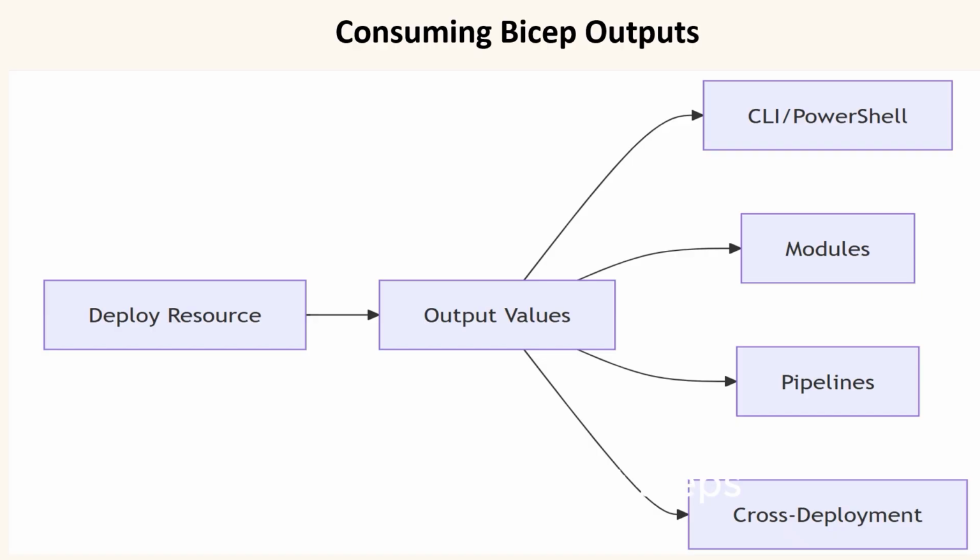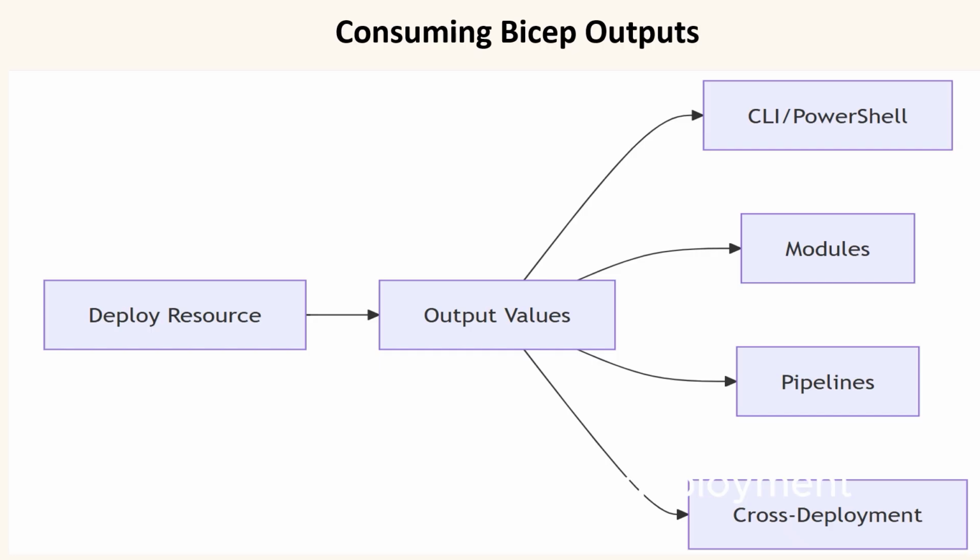This means that next steps within this pipeline can use those variables, perhaps to configure an application, update a database, or trigger another entire workflow. So this is a very good way to consume Bicep outputs.